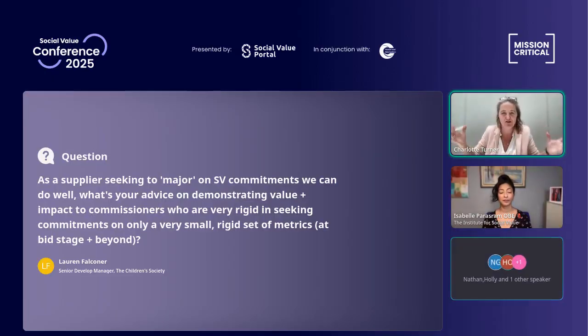How do you demonstrate that collective organisational footprint that we were talking about, Nathan and Holly particularly? How do you demonstrate those wide value and impact to commissioners when they are looking for very specific rigid metrics? Holly, Nathan, can I ask one of you to pick up on that?